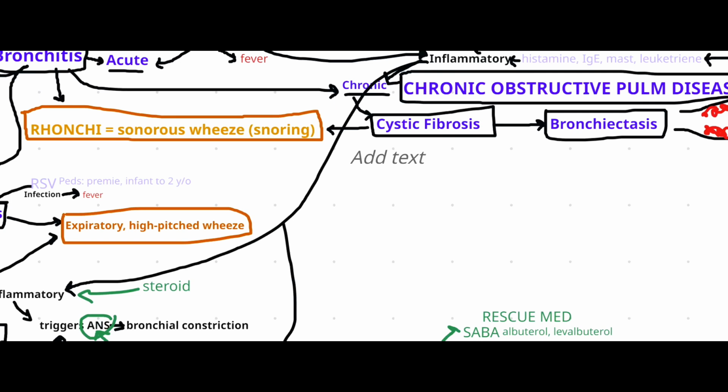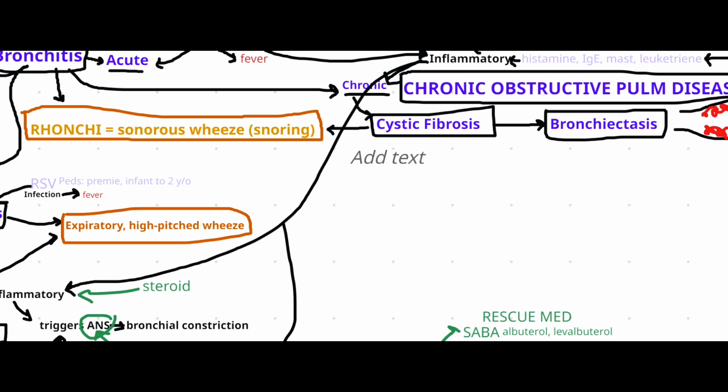And then of course for inflammation, the steroid, right? But we're also going to do CPT. So chest physiotherapy. What does this entail? The first thing that we're going to do is we're going to liquefy the mucus.